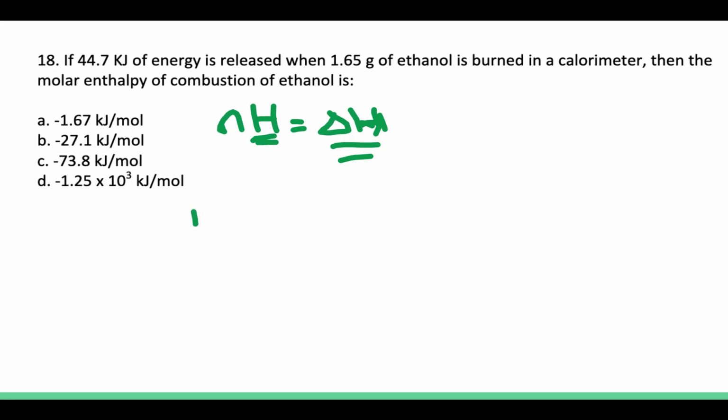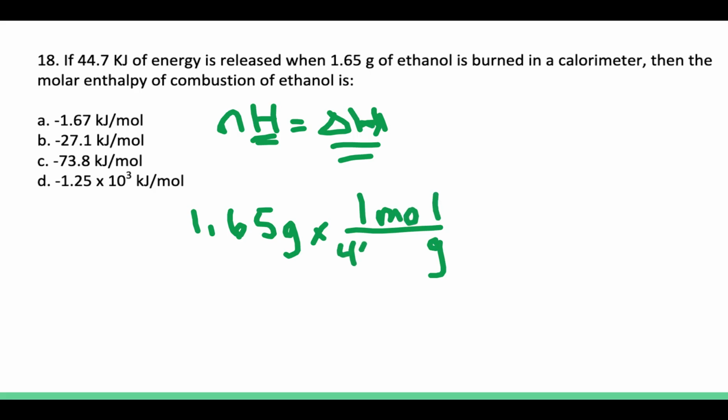So we would go 1.65 grams times the molar mass of methanol, which is 46.08. And then this is times H, your enthalpy of the reaction, and that's going to equal 44.7 kilojoules.